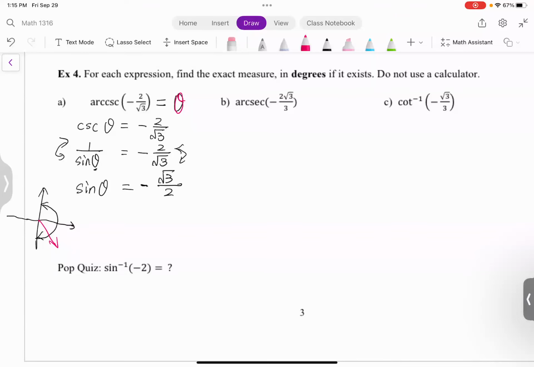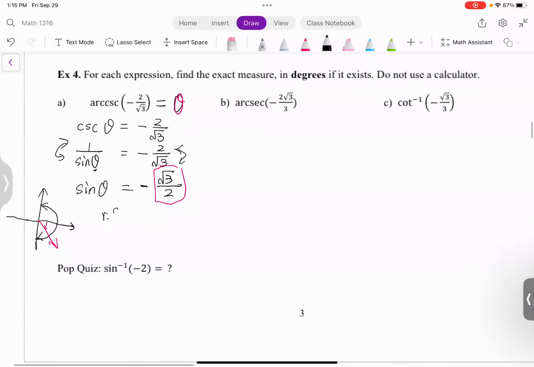And what is the reference angle? If you see square root of 3 over 2, that is pi over 3 or 60 degrees. So the reference angle is pi over 3, and the actual value of the theta is negative pi over 3. So we solved this one, which is negative pi over 3.